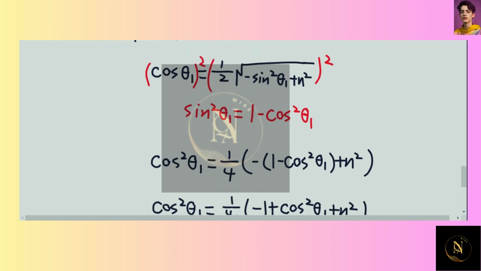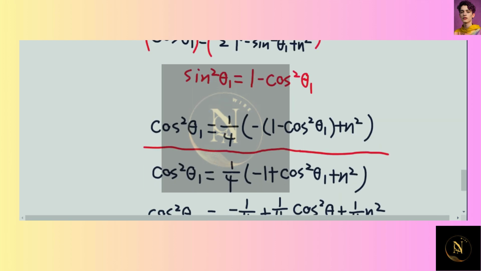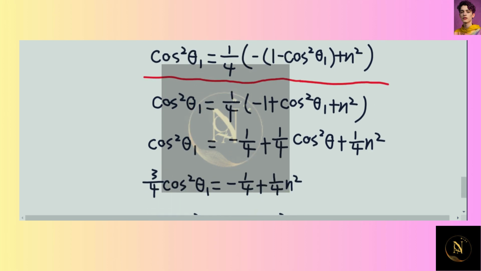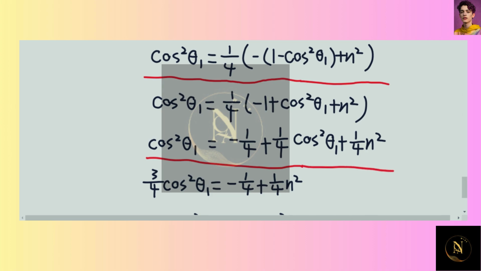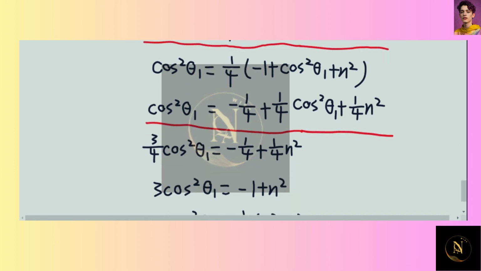such an equation here, which is cosine square theta 1 is equal to 1/4 times negative 1 minus cosine square theta 1 plus n square. And then we'll have cosine square theta 1 is equal to negative 1/4 plus 1/4 cosine square theta 1, and then plus 1/4 n square. And then we can move the 1/4 cosine square theta 1 to the left side. Then we have 3/4 cosine square theta 1 is equal to negative 1/4 plus 1/4 n square.